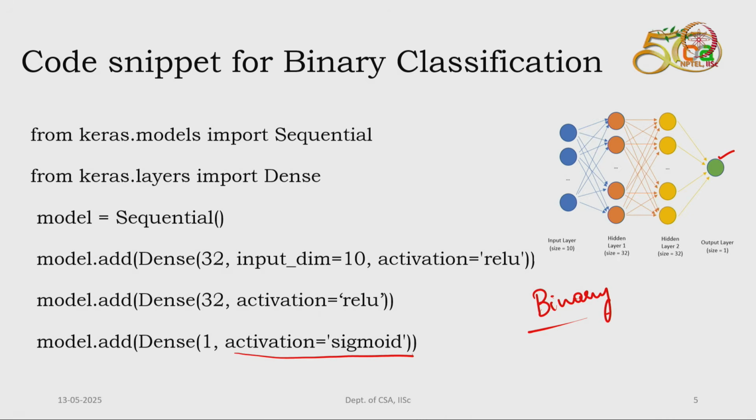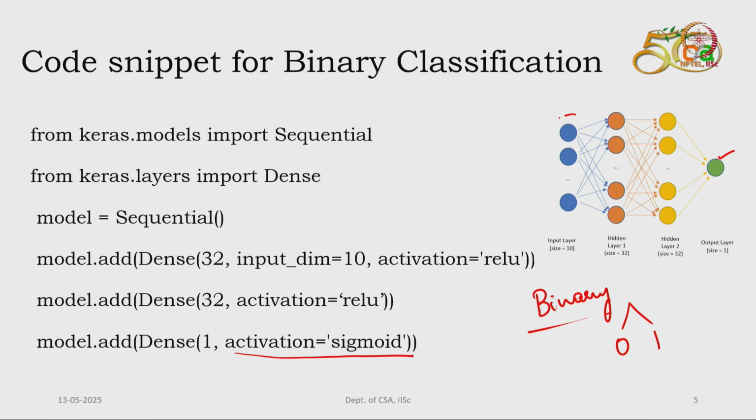The number of neurons that we place at the output layer is only 1, because at any given point of time the output will be either 0 or 1. We cannot have both outputs. Therefore, there is only one neuron at the output layer.